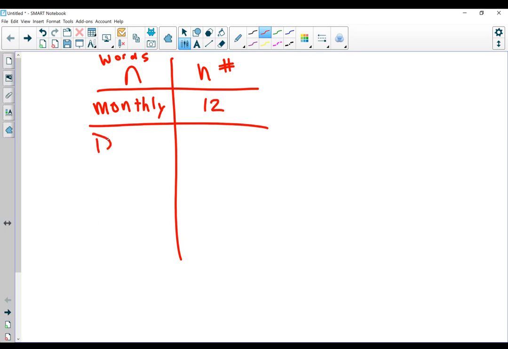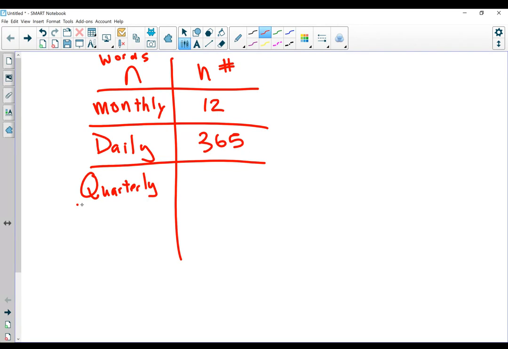When they say daily, the question is, how many days are in a year? And we disregard leap year. When they say quarterly, because this can happen as well, how many quarters or seasons are in a year? And then this might be the trickiest one of all, annually. Annually is a year, so how many years are in 1 year?